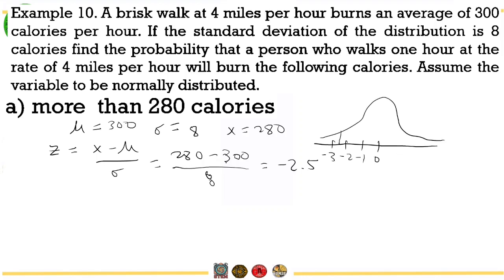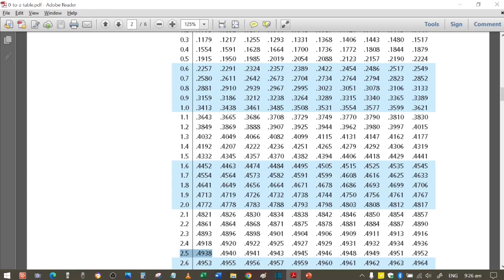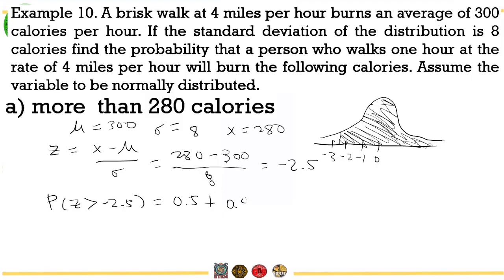So this is negative 2.5, to the right or more than, so we will shade to the right. The probability notation, z is greater than negative 2.5. So we have 0.5 because the shaded part is more than 0.5. So 0.5 plus the area that corresponds to 2.5, 0.4938.